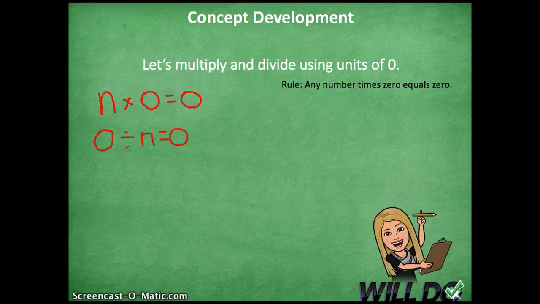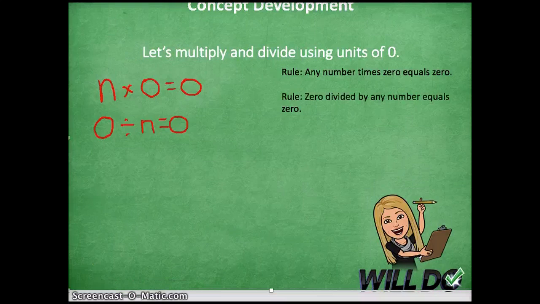So we have 0 divided by any number, which is n, equals 0. What does this equation represent? Turn to your learning guide and discuss. That's right, 0 divided by a number, any number, equals 0. We've just found the second rule. 0 divided by any number equals 0.